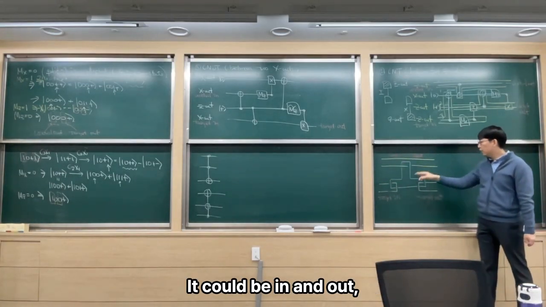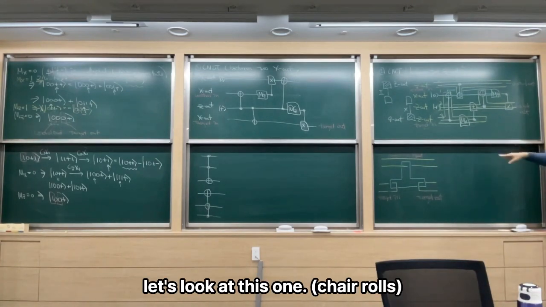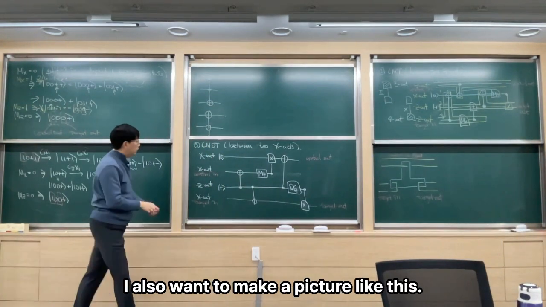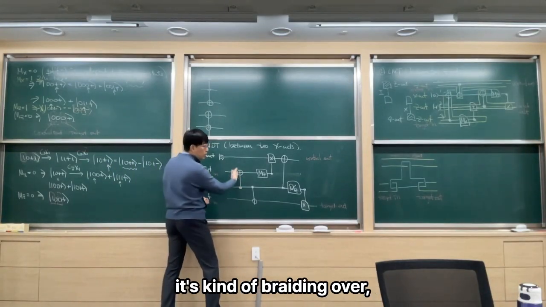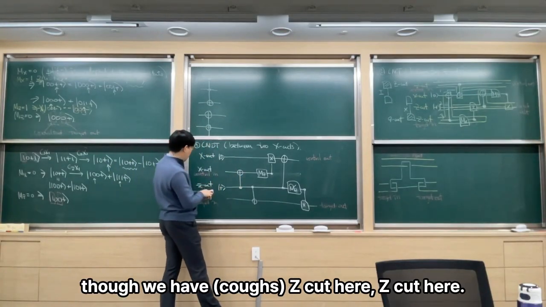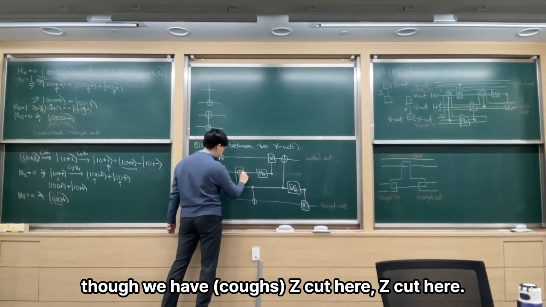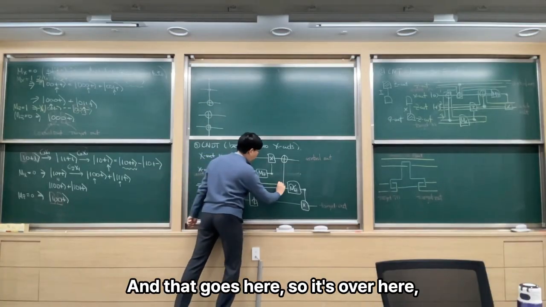It could be in and out, or it could be in or out. So now that this is the situation, let's look at this one. I also want to make a picture like this. We have a braiding, and whenever you have a control, it's kind of braiding over. So we have a Z cut here, a Z cut here, and a Z cut here.